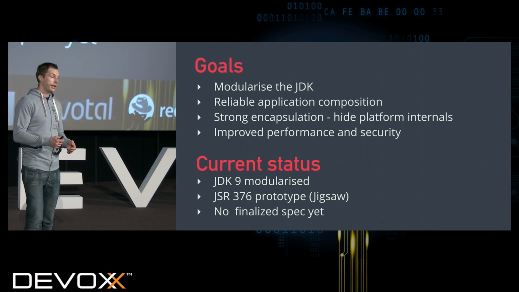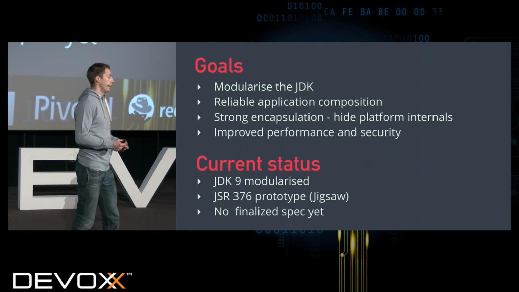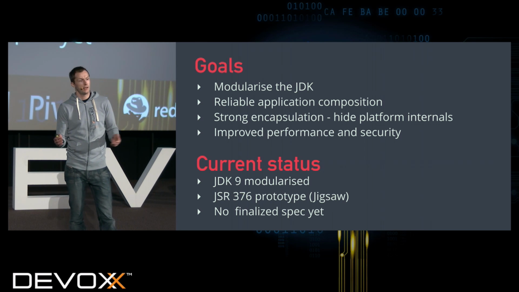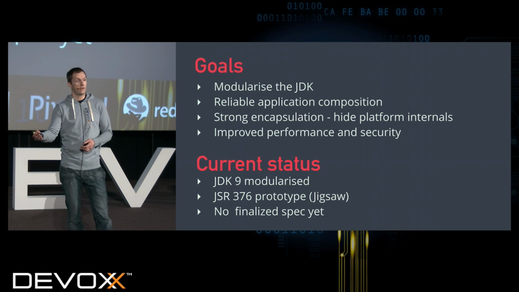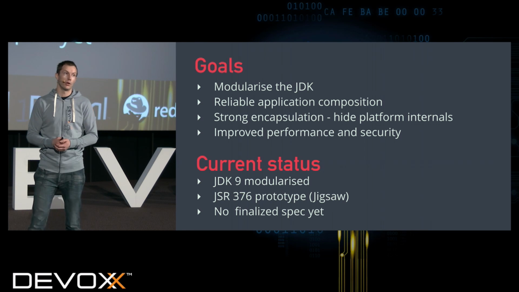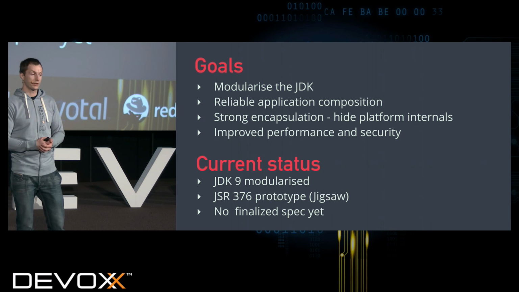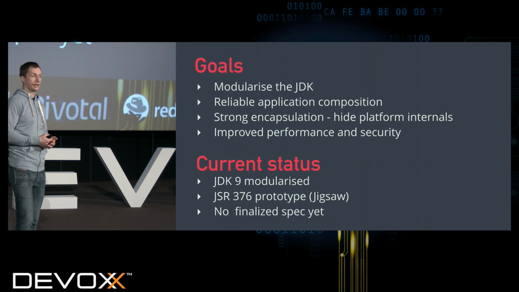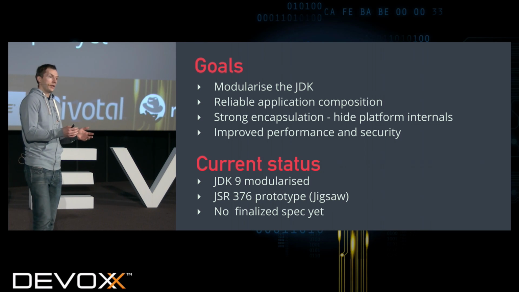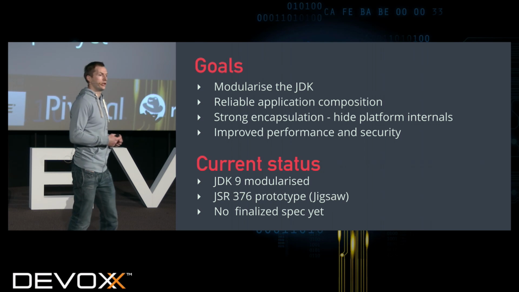Looking at the JDK and the JRE today, it's really big. That means if a user wants to use your Java application, they have to download the JRE. That's quite a big download. And of course, there's also the memory overhead of loading this gigantic thing. So it would be nice to be a bit more efficient there.